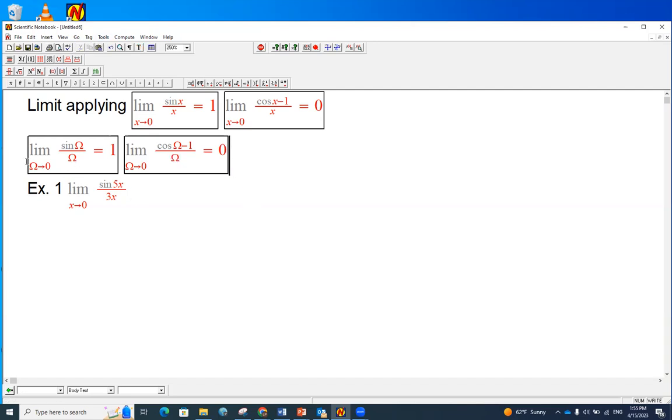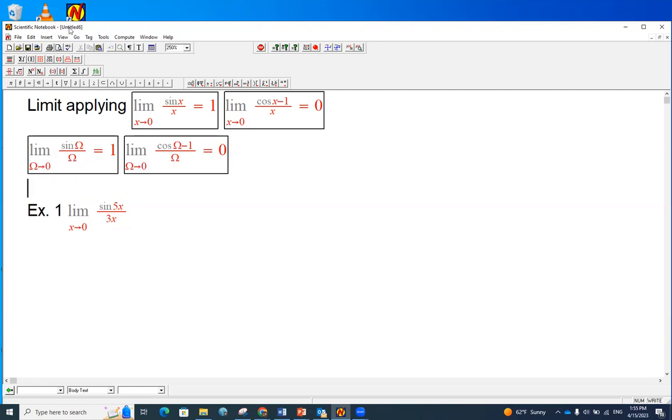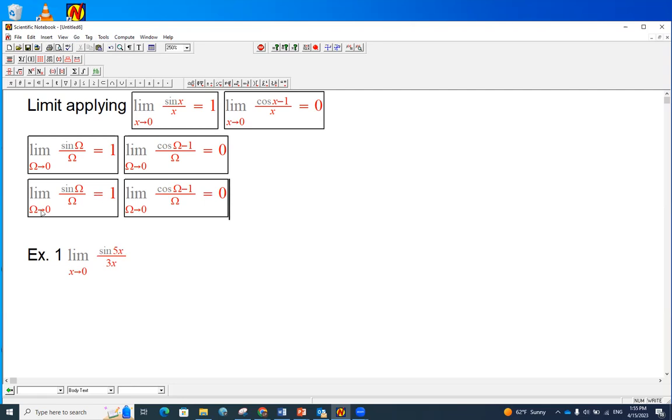If omega is, say, 5x here, then this needs to be 5x as well, and here I can put x there.